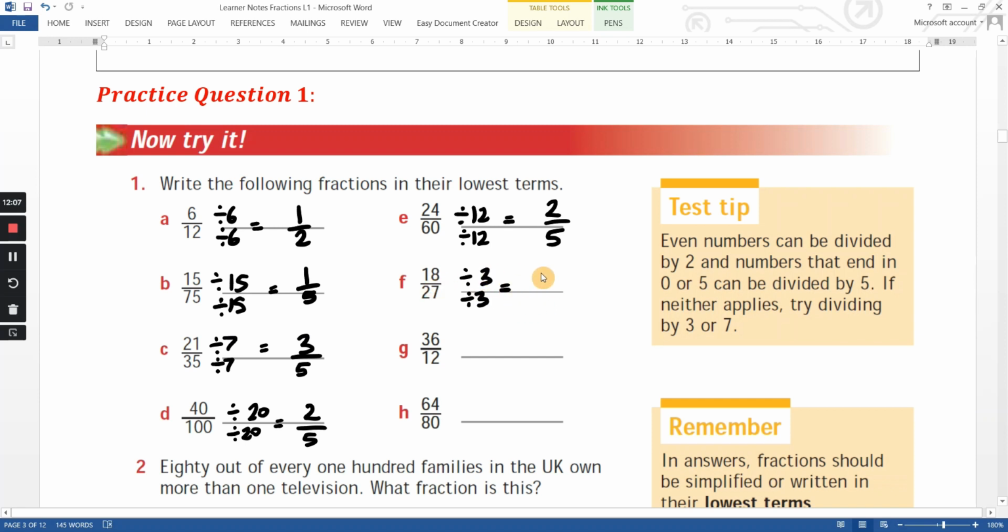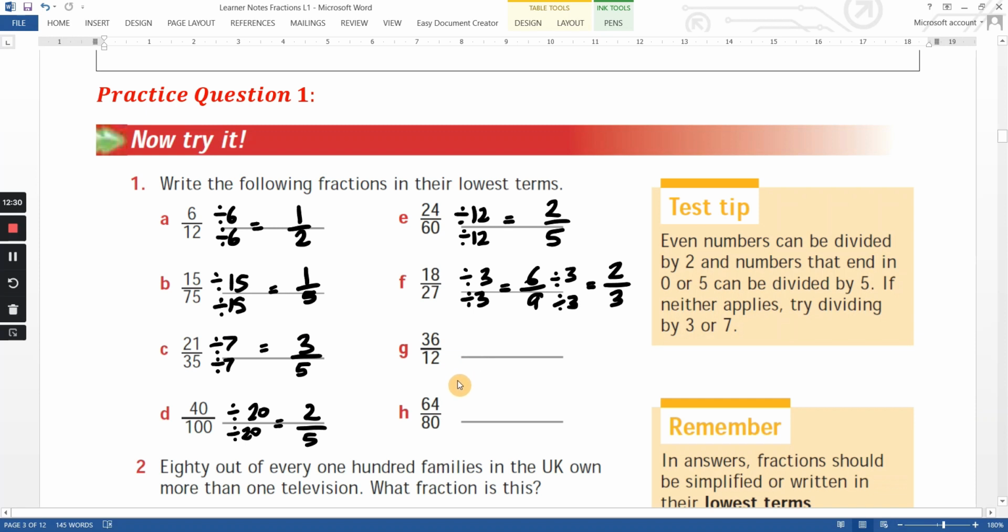Let's go with 3. So I'll get 6 at the top and 9 at the bottom, and I can simplify again with 3 again. I realized I should have maybe used 9 instead. Doesn't matter. Let's do it this way. I'll get 2 at the top and 3 at the bottom, so I've got 2/3. Yeah, I could have done 9 straight away.